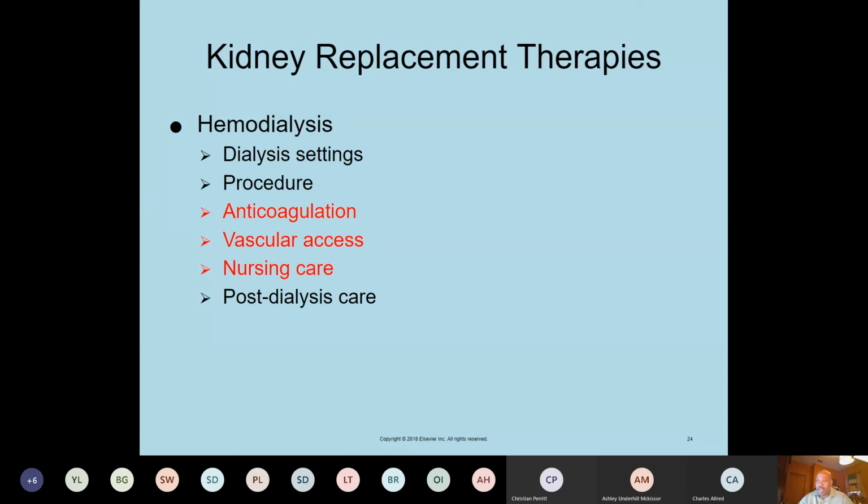So as far as nursing care, this is very important for you all to know. Some drugs are dialyzable. In other words, they can be easily removed from the blood. Some of the medications you have to give your patients in the morning before they go and have their treatment.